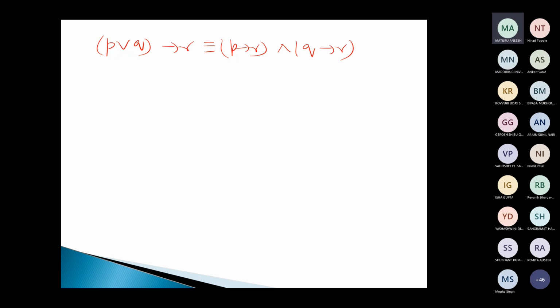So instead of proving this, let this formula be 1. Find the dual of 1. What is the dual of 1? P and Q tends to R. Correct?